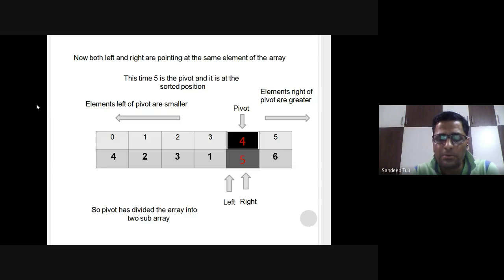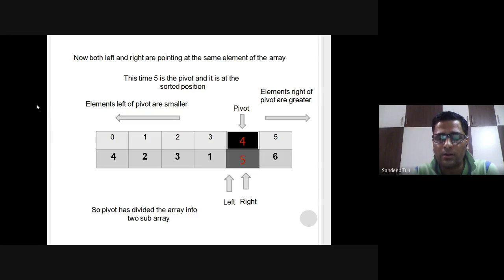In some problems we need not perform the third step, that is combine. Like in merge sort we need to combine. You saw that we need to start from the bottom to move to the top. But in this quicksort we are not going to perform the combine step. Here we are only performing 2 steps, divide and conquer.